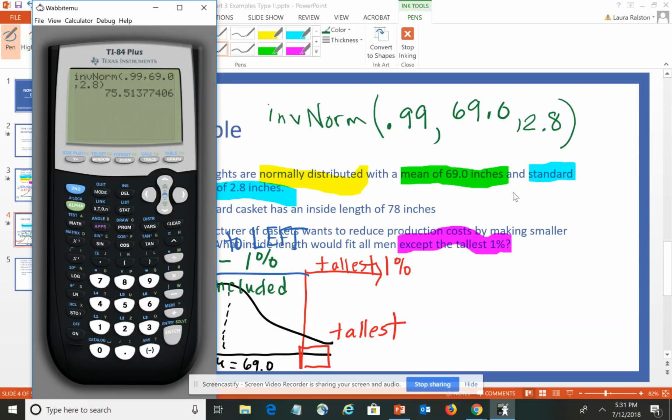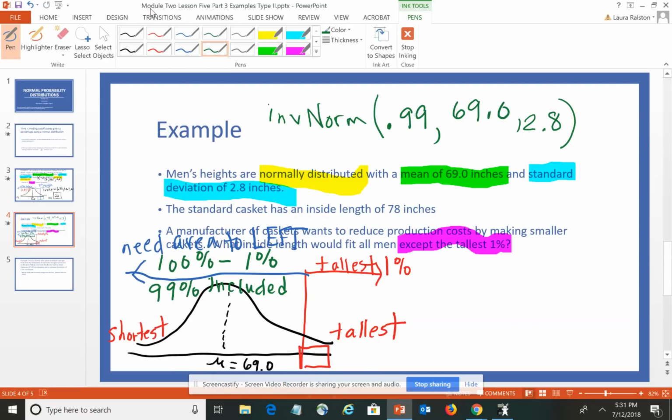Enter. So in terms of our cutoff score, the cutoff score is going to be about 75.5. So our cutoff score is 75.5 inches.